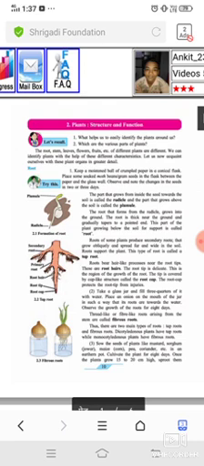The root that forms from the radicle grows into the ground.